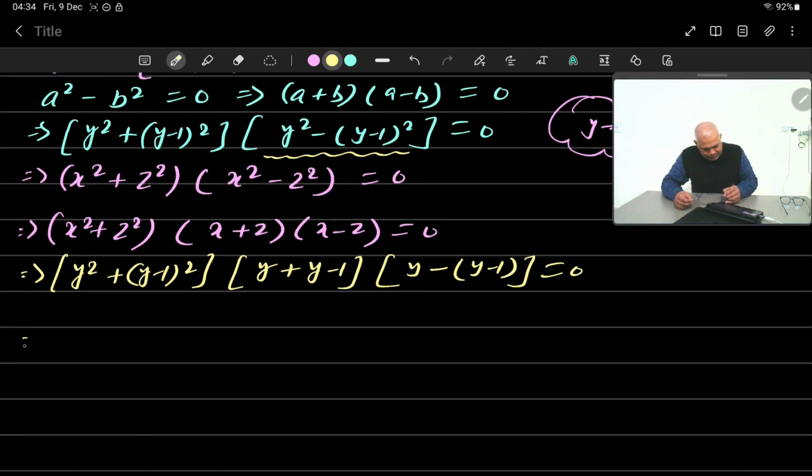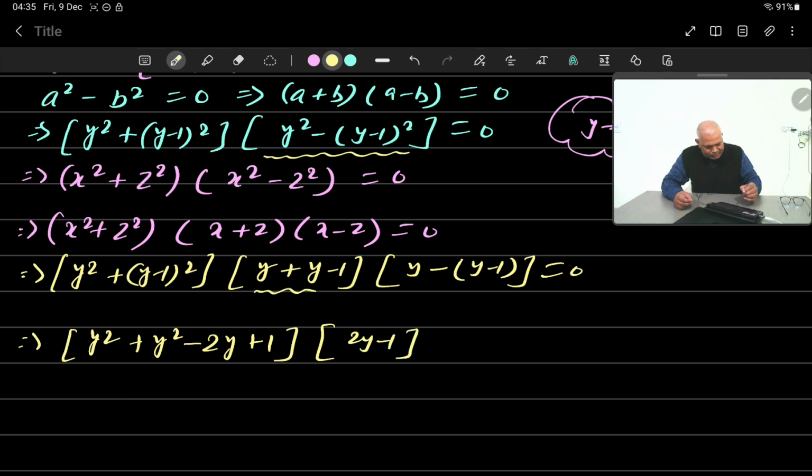Now your equation will look like y square plus (y minus 1) square, that is a square plus b square, which expands with plus 2ab and minus 2ab. Then (2y minus 1) times (y minus y plus 1) equals 0.